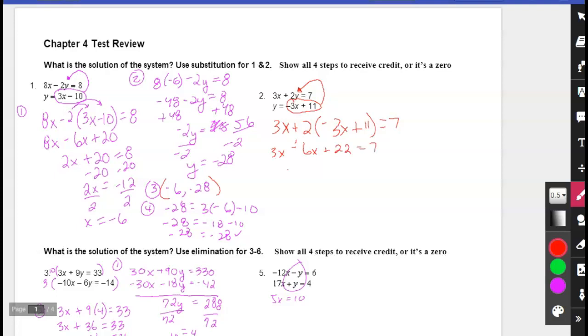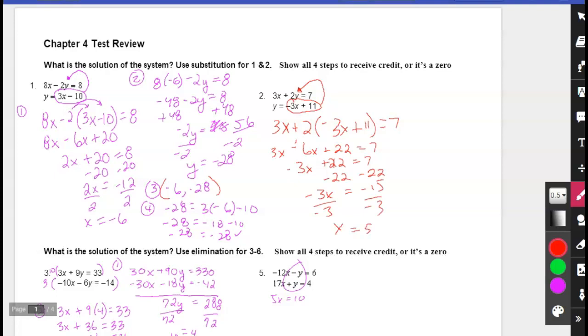That equals 7. We combine to get negative 3x plus 22. Subtract 22. Negative 3x equals negative 15. Divided by negative 3, x equals 5.